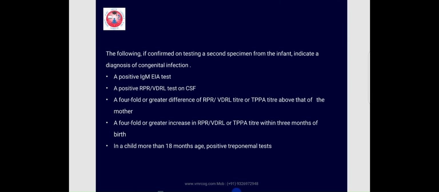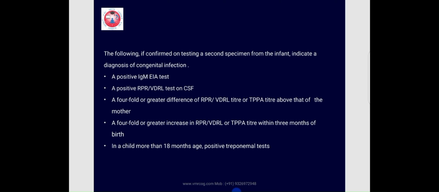Okay. So the following, if confirmed on testing a second specimen from the infant, indicates the diagnosis of congenital syphilis. A positive IgM-EIA test, a positive RPR or VDRL test on CSF, a fourfold or greater difference of RPR or VDRL titer or TPPA titer above that of the mother, because we are processing mother sample as well as baby sample in parallel.